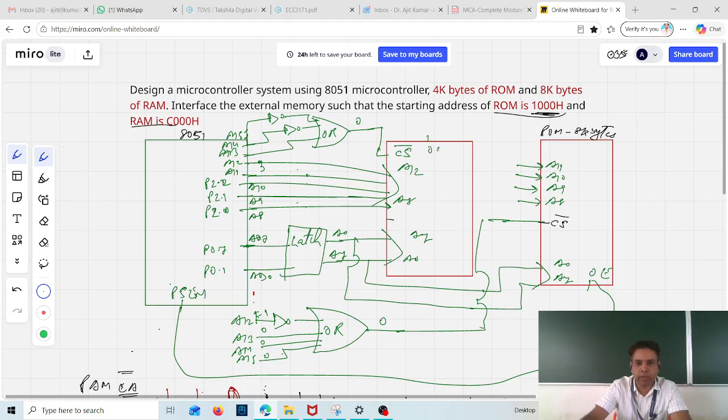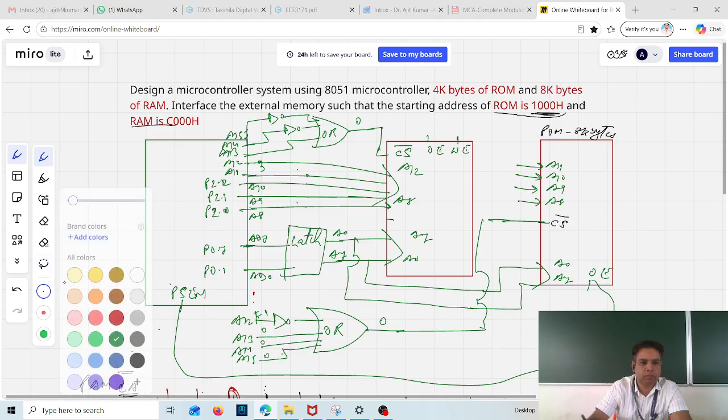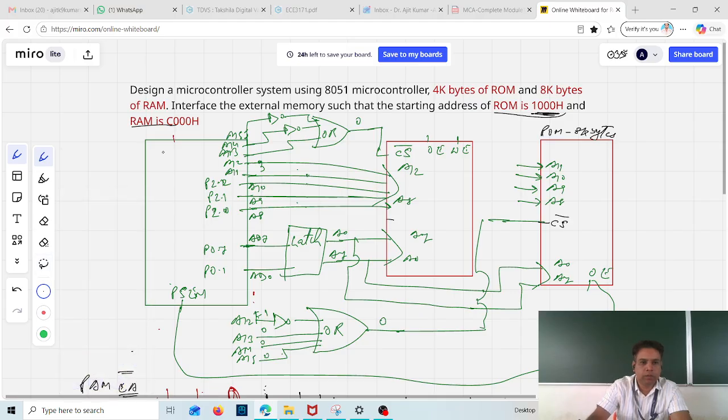Let's say this is the output enable, this is the write enable. Connect them here with the RD pin and WR pin. So this WR pin will be connected to the write enable input, and this RD to output enable. So this is the overall connection.